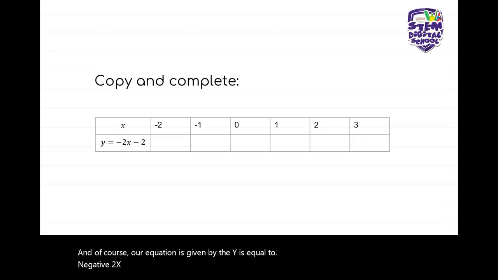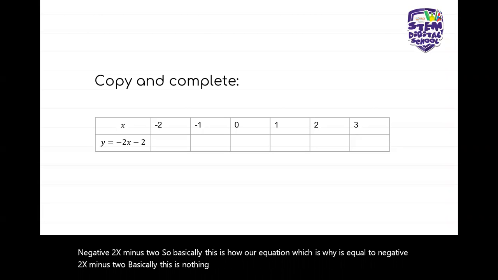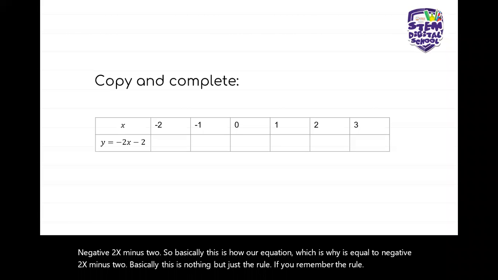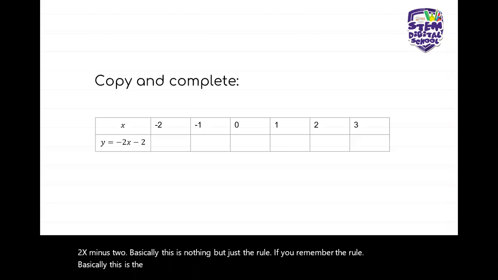So basically, this is our equation, which is y is equal to -2x minus 2. Basically, this is nothing but just the rule. If you remember the rule, all that you need to do is to substitute every value of x. So I'll demonstrate with the first one.